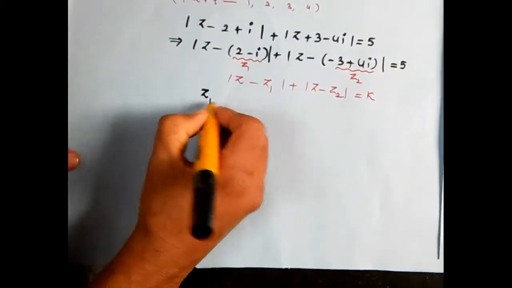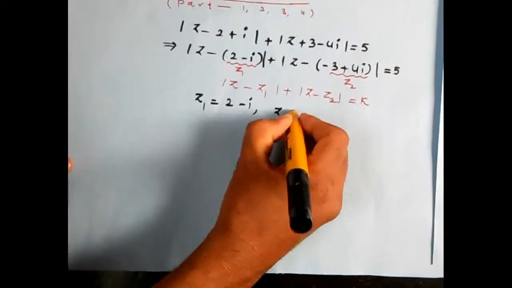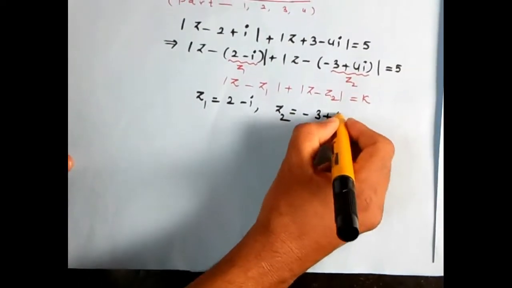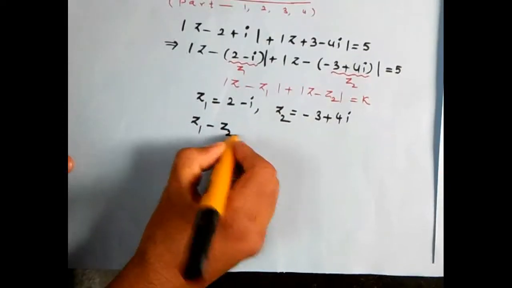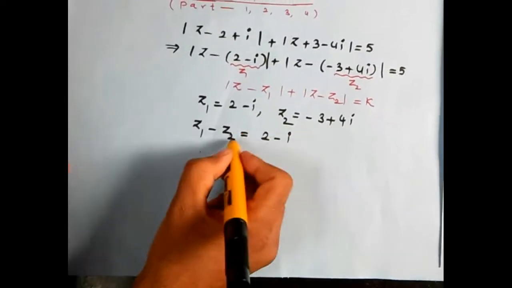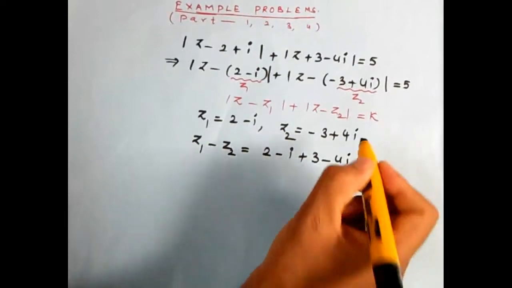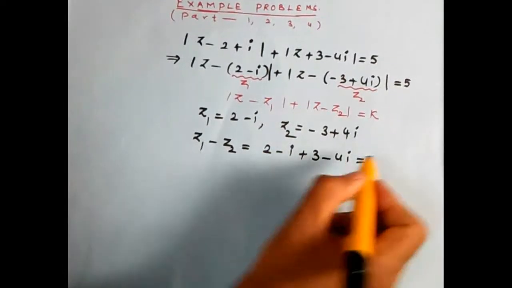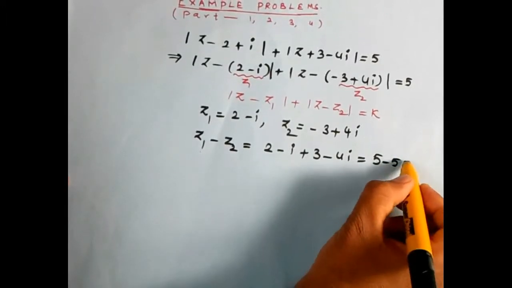So here z1 equals 2 minus i, z2 equals minus 3 plus 4i. Therefore the difference of these two complex numbers, z1 minus z2, equals 2 minus i, subtracting minus 3 plus 4i, which is minus of minus 3 plus 4i. So this equals 2 plus 3 is 5, then minus i minus 4i is minus 5i.